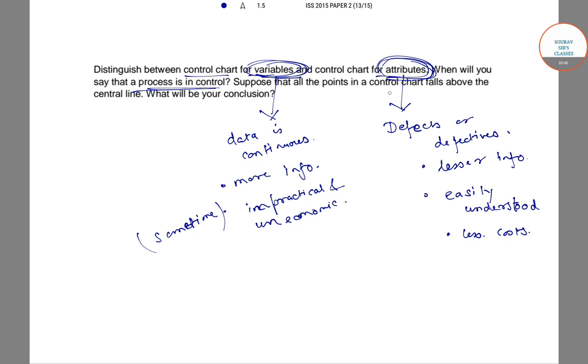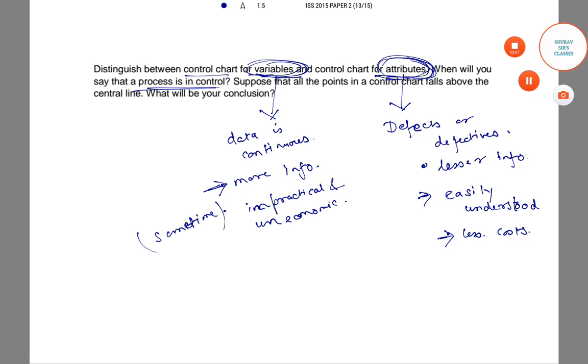So this control chart for attributes is usually done for defects and defectives. Even though it provides less information, it is easily understood and is less costly. So these two are some of the advantages of control chart for attributes over variables. However, it provides lesser information than the control chart for variables.